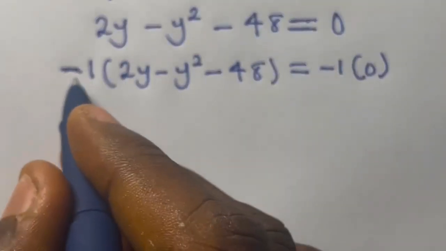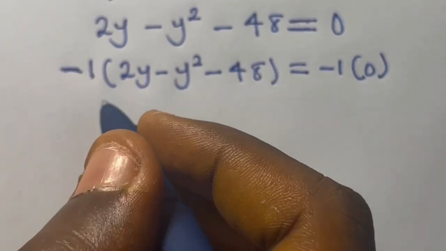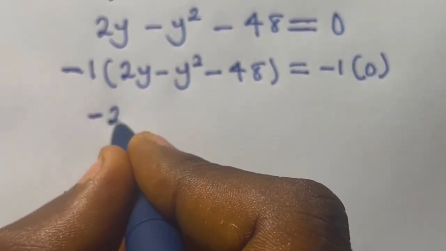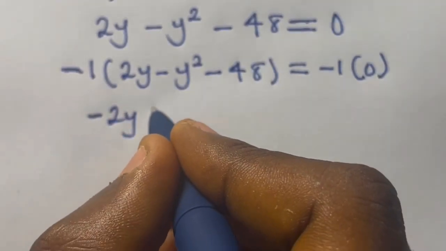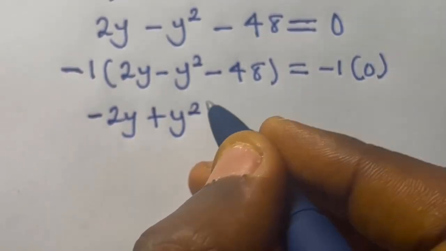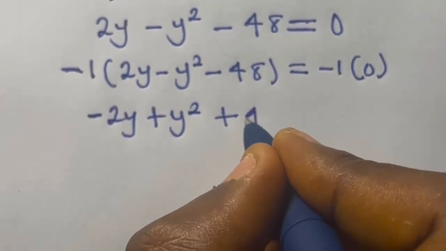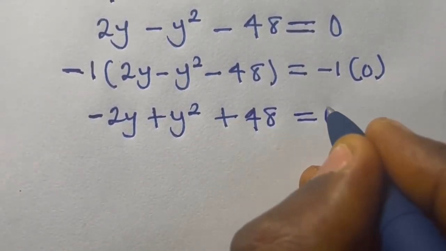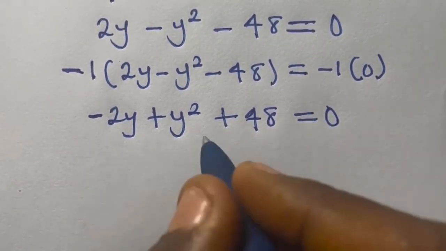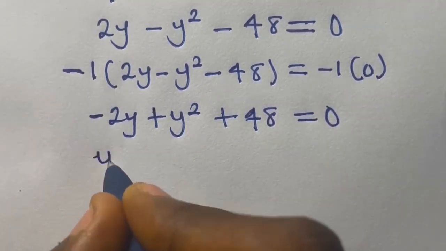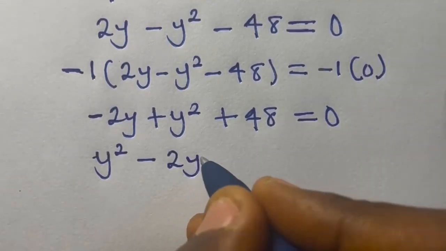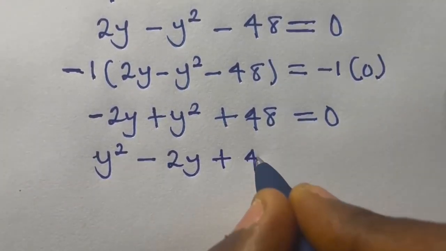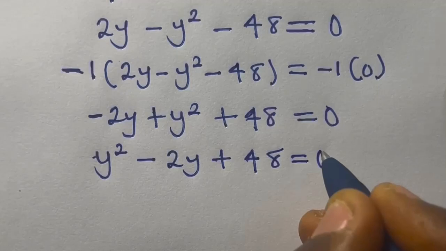So from here, let's multiply out: minus 1 times 2y is minus 2y. Then minus 1 times minus y square is plus y square, and plus 48 equals 0. So we can arrange now. We have y square minus 2y plus 48 equals 0.